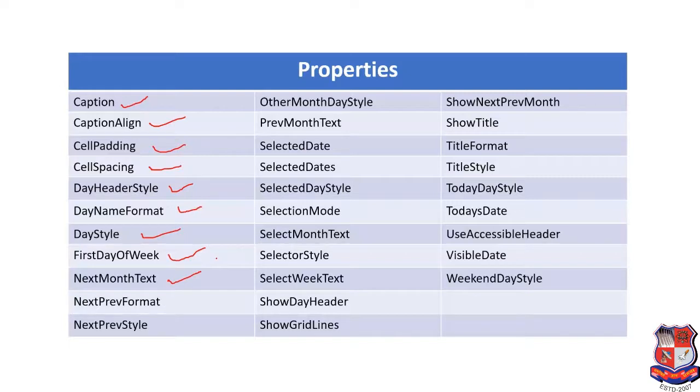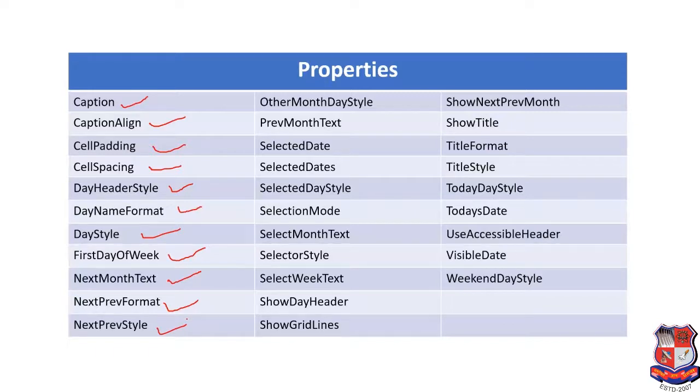Next is NextMonthText. It is used to set or obtain the text displayed for the next month navigation control. Next is NextPrevFormat. Over here it is written as NextPrevFormat. It is used to set or obtain the format of the next and previous month navigation element in the title section of the calendar control. Next is NextPrevStyle.